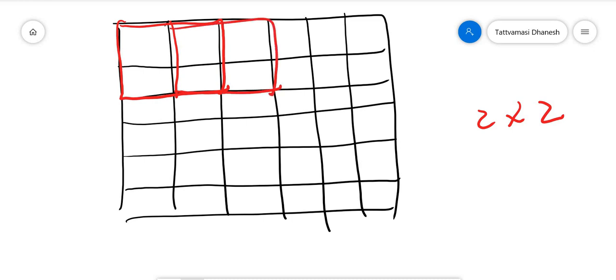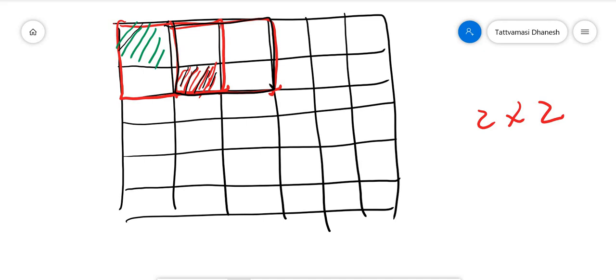In the first case this pixel is covered, and in the second case, for a stride of 1, this pixel is covered again. But what about the corner pixel? When you take this corner pixel, it's covered only once.